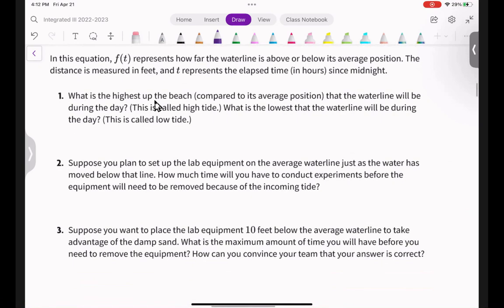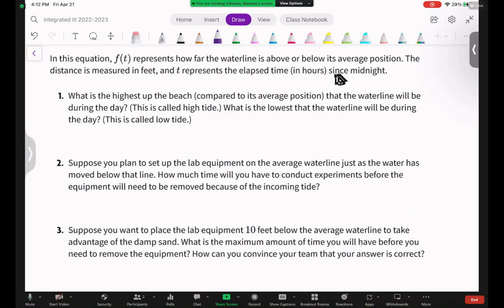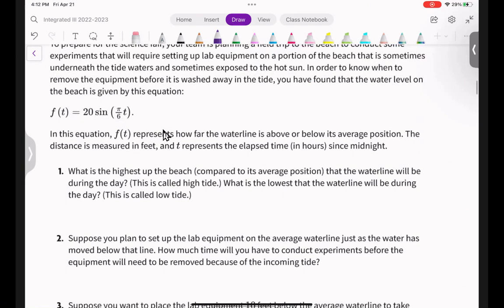What is the highest up the beach compared to its average position that the water line will be during the day? This is called high tide. What is the lowest the water line will be during the day? This is called low tide. So the highest and the lowest, what number is in charge of the highest and the lowest?